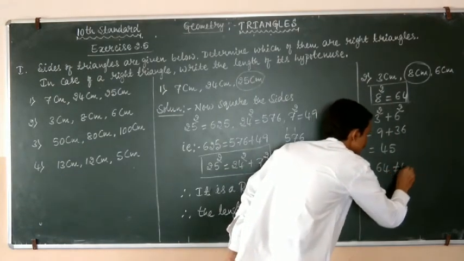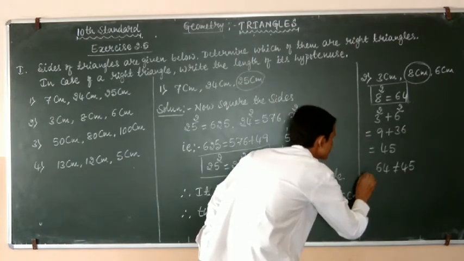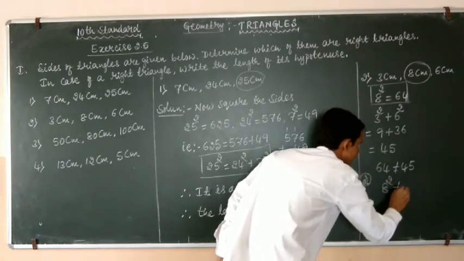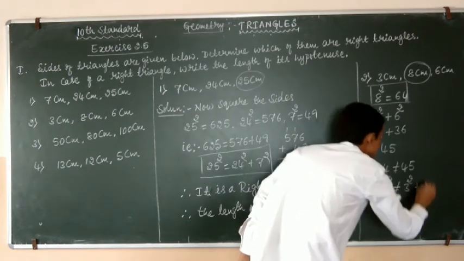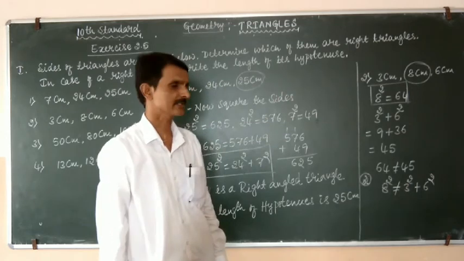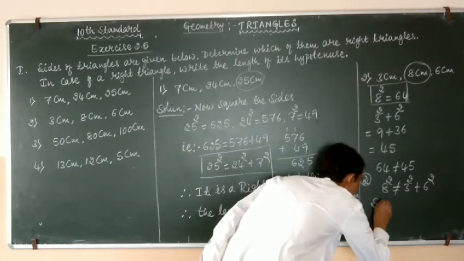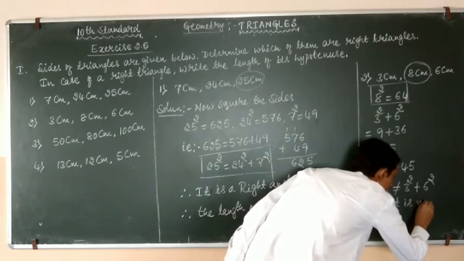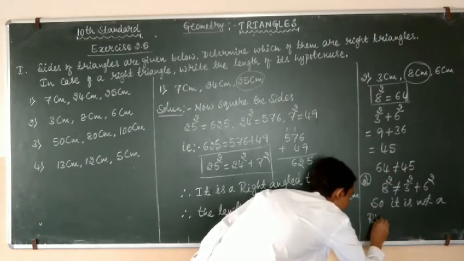In other words, 8 square is not equal to 3 square plus 6 square. So it is not a right angle triangle.